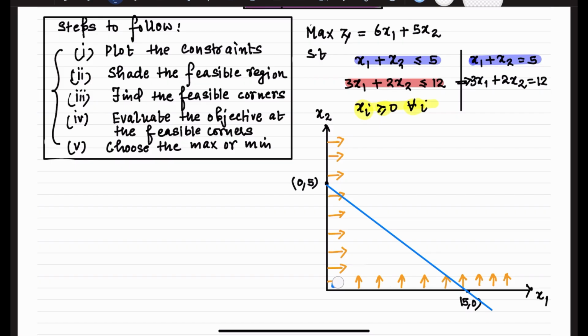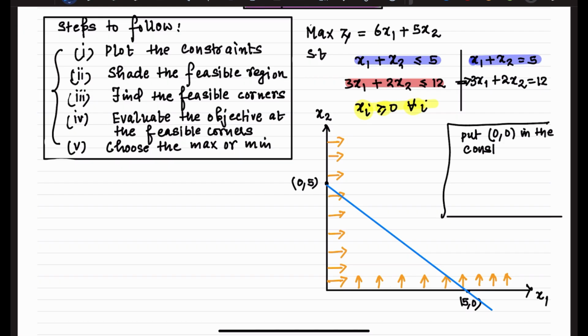When you want to choose which side of the line you have to be in your feasible region, what you can do is put 0 comma 0 in the constraint, the original constraint, not the line.